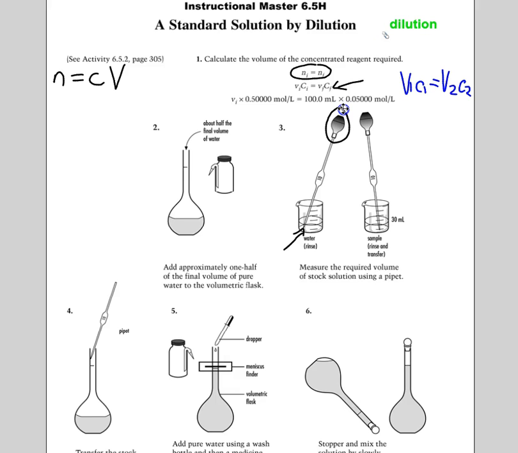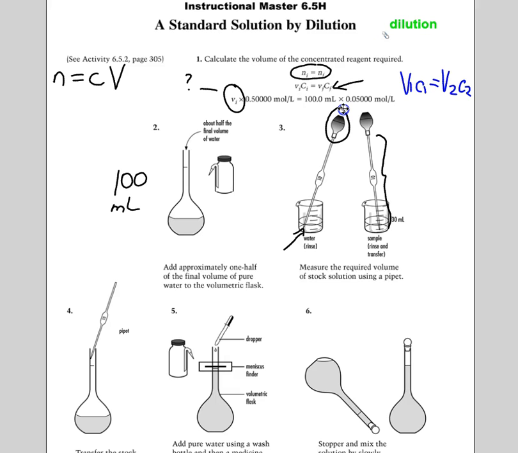Then we will rinse it several times with the sample to ensure that it's well coated throughout the pipette with the initial solution. Then we're going to transfer the amount that we need, and that's part of the calculation. Here the initial volume needs to be calculated. That would be assuming we know the final volume, which is your 100 milliliter volumetric flask. The final concentration, you decide what you're going to do.